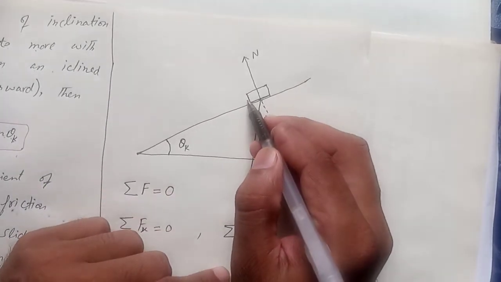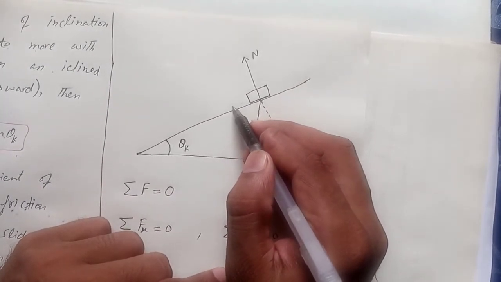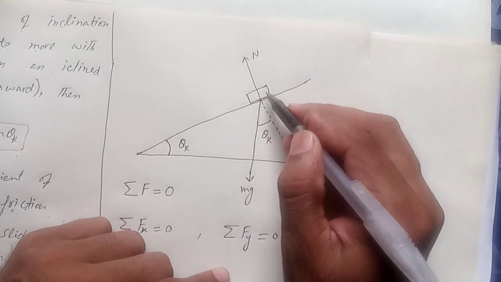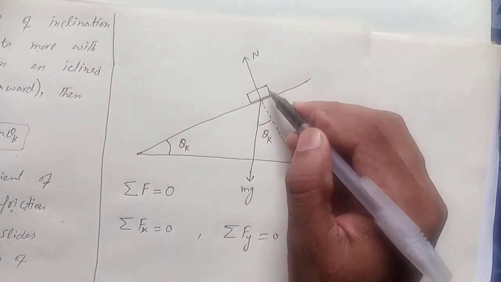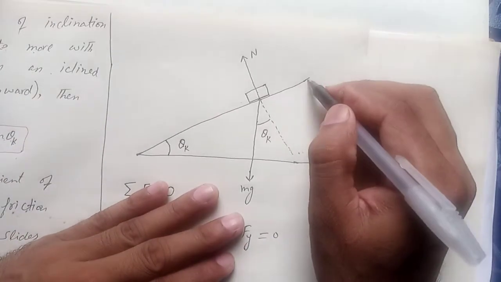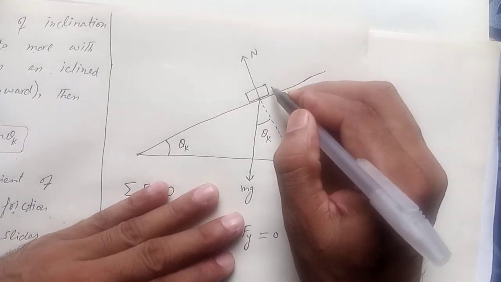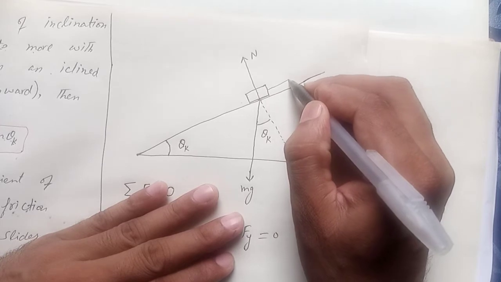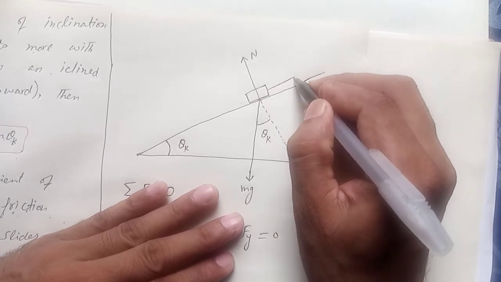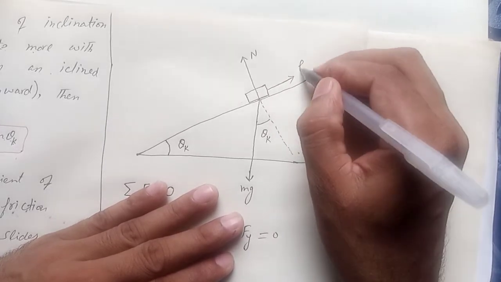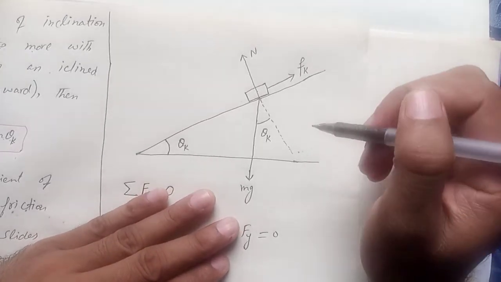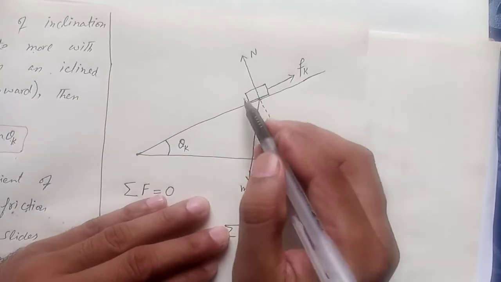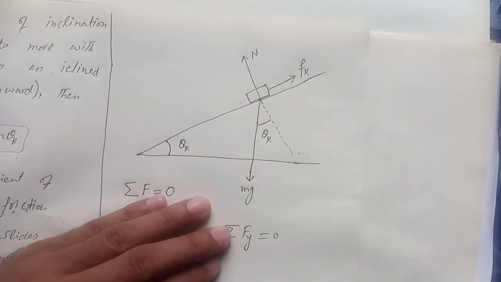Now, as the block moves downward, the frictional force acts on the block in a direction opposite to motion. The frictional force acting on the block is called kinetic friction, and it is expressed as Fk. And the block is moving downward.